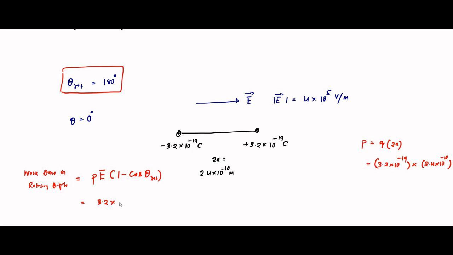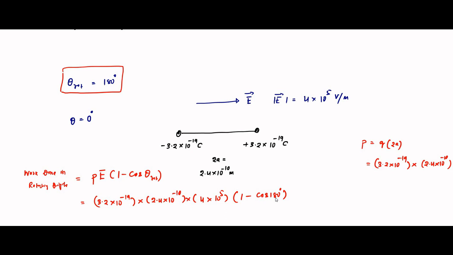So we will substitute here 3.2 into 10 to the power minus 19 into 2.4 into 10 to the power minus 10, then E, which is equal to 4 into 10 to the power 5, then 1 minus cos 180 degree.